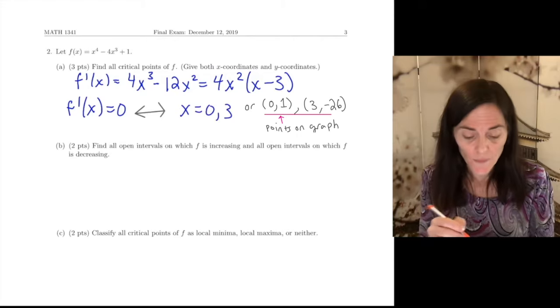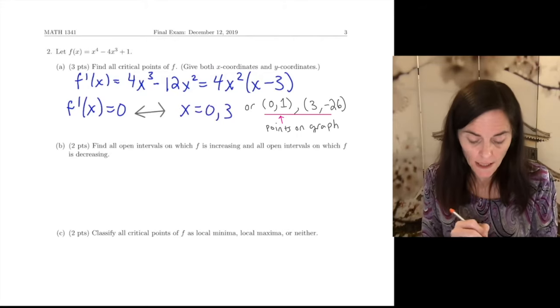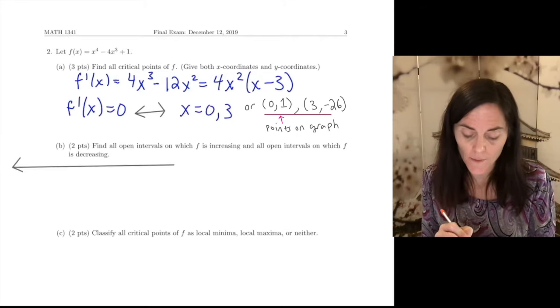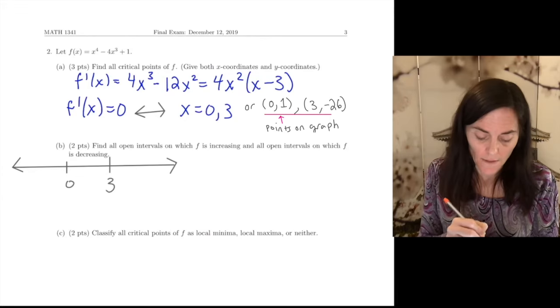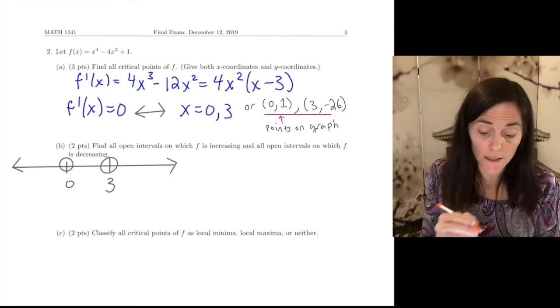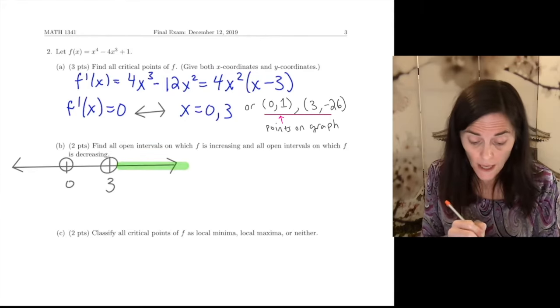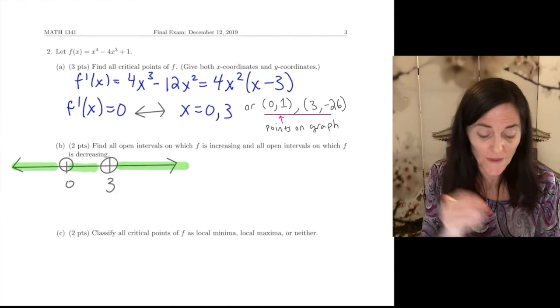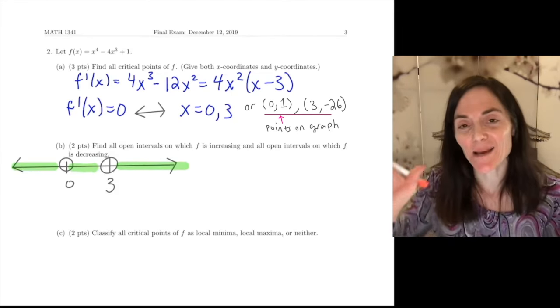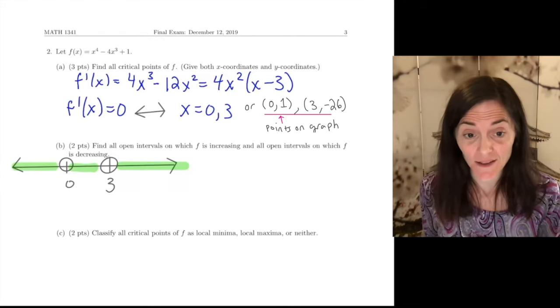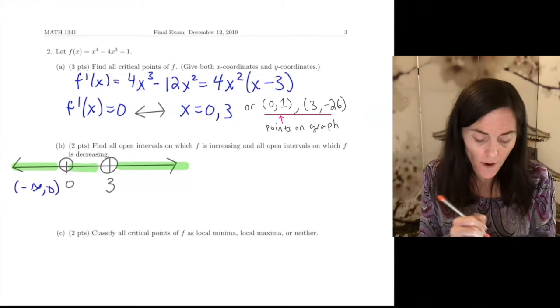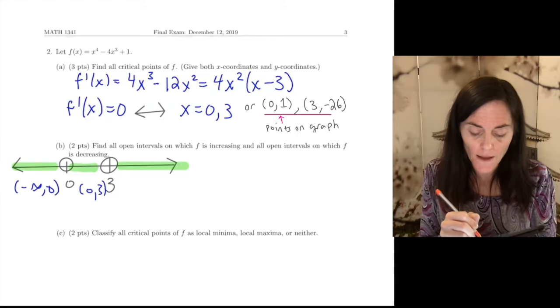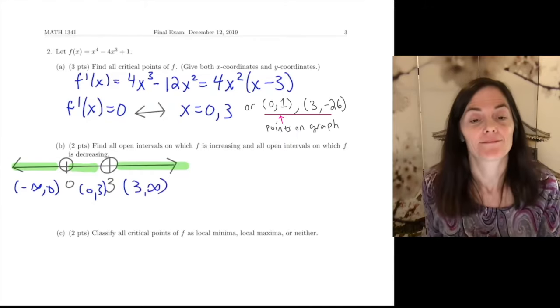Okay. Now, we want increasing, decreasing. And the way I always do this, I make a number line and I subdivide based on my critical points. And this lands us into 3 open intervals. We take the domain of the function, subdivide into open intervals based on the critical points. And my open intervals are minus infinity to 0, 0 to 3, and 3 to infinity.